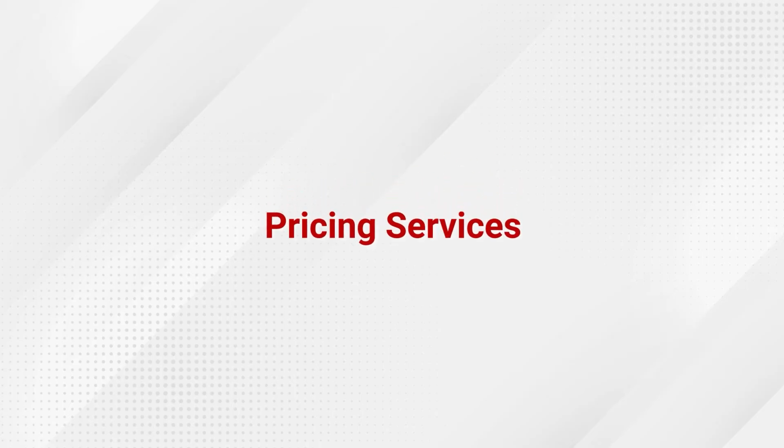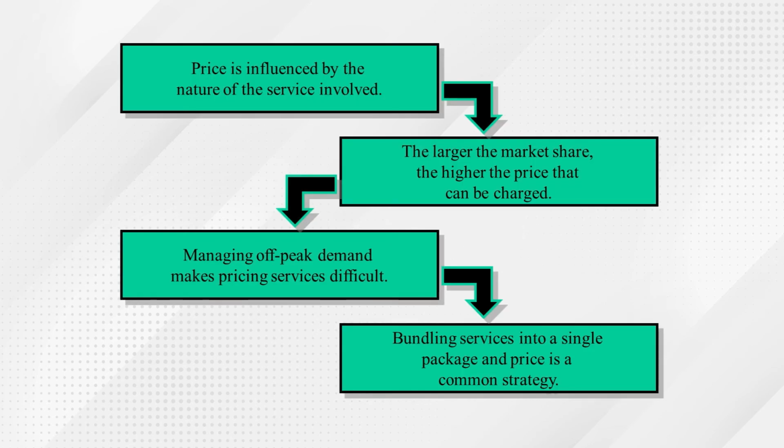In the same way, let's look at pricing of services, which is not as easy as pricing products. When Virgin Mobile entered America for the first time, they wanted to price their call rates, their telecom services.